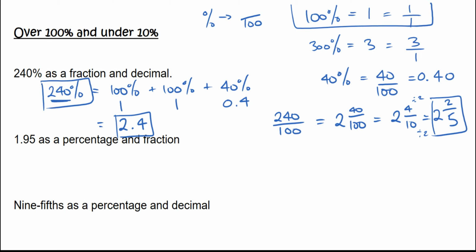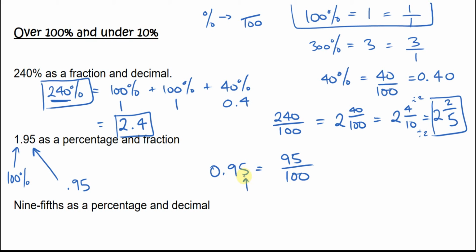Let's have a look at 1.95 as a percentage and a fraction. So the 1 there, if we're thinking about percentages, we know that that 1 whole refers to 100%, and the 0.95 is equal to 95 hundredths. So remember, when we're converting a decimal to a fraction, go to the last decimal place, identify what place that last digit is in.